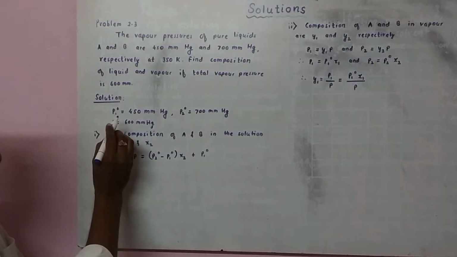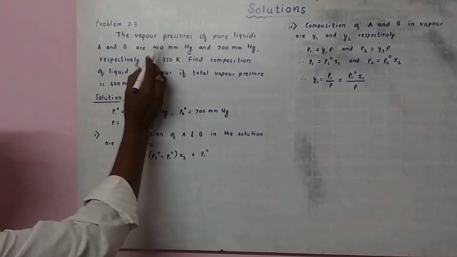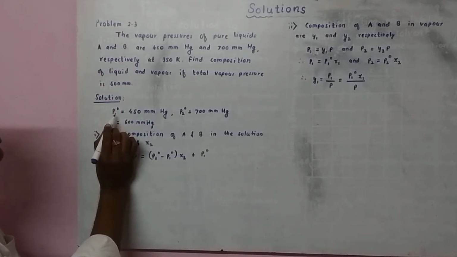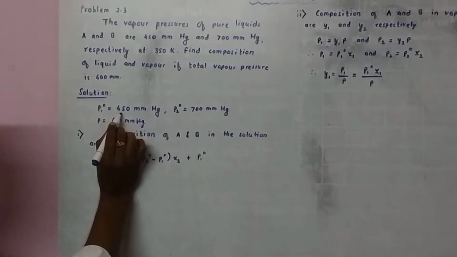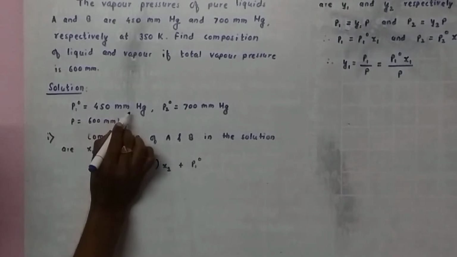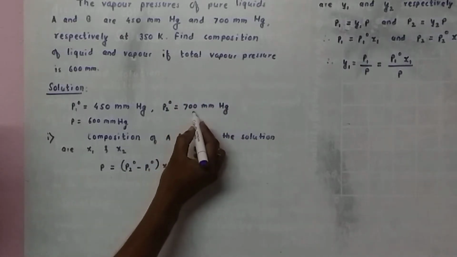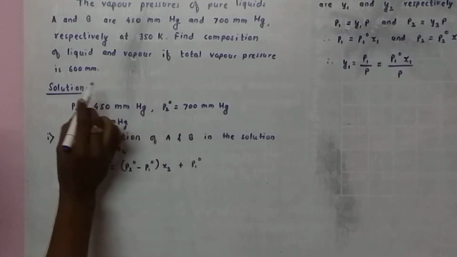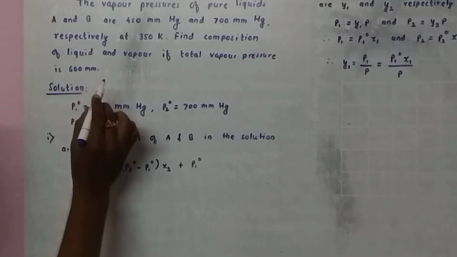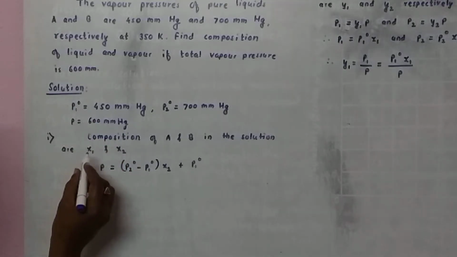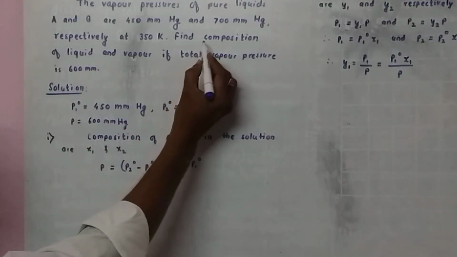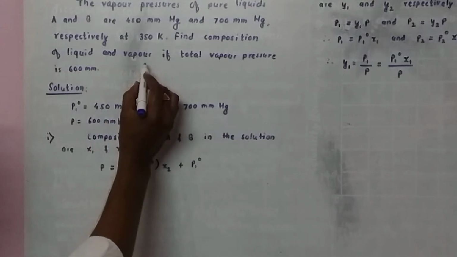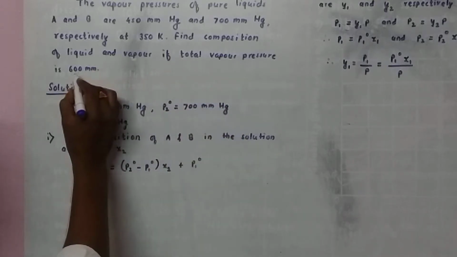So here, vapor pressure of pure liquids A and B: P1⁰ is equal to 450 mm of mercury and P2⁰ is 700 mm of mercury, and the given pressure is 600 mm of mercury. So we have to find out the composition of liquid and vapor if the total vapor pressure is 600.